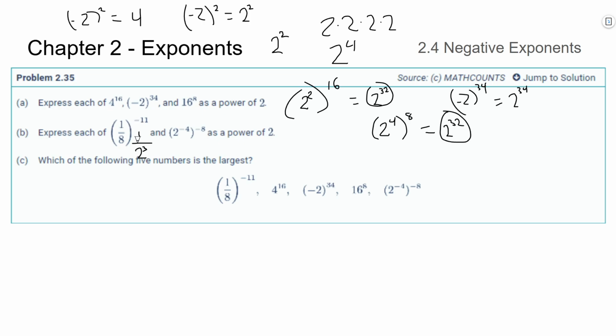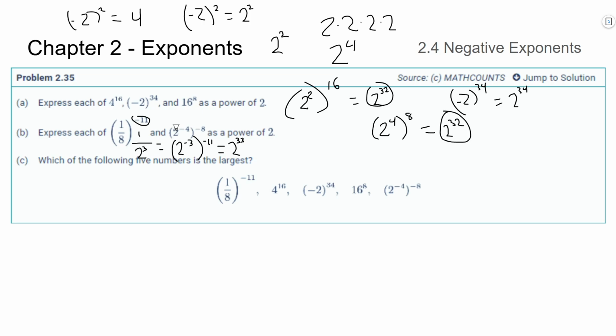And this would end up being the same thing as 2 to the negative 3. And then we're going to raise that to the negative 11th power. That's what we're doing right here. And so we can multiply these together, and this would be 2 to the 33rd. That'd be positive because a negative times a negative is positive.